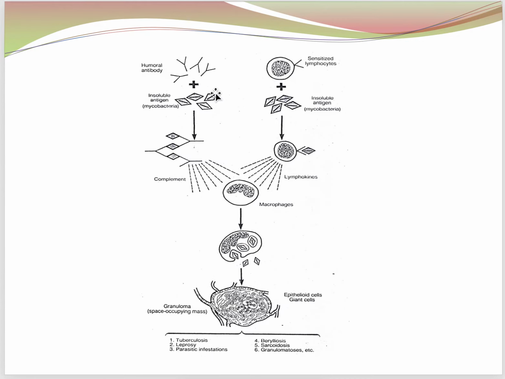In case of humoral immune response, the humoral antibodies react against the insoluble antigen, and the antibody-antigen complex is formed. They activate the complement system. Eventually, this activated complement system attracts and activates the macrophages. In this way, the macrophage gets activated by the humoral antibody.